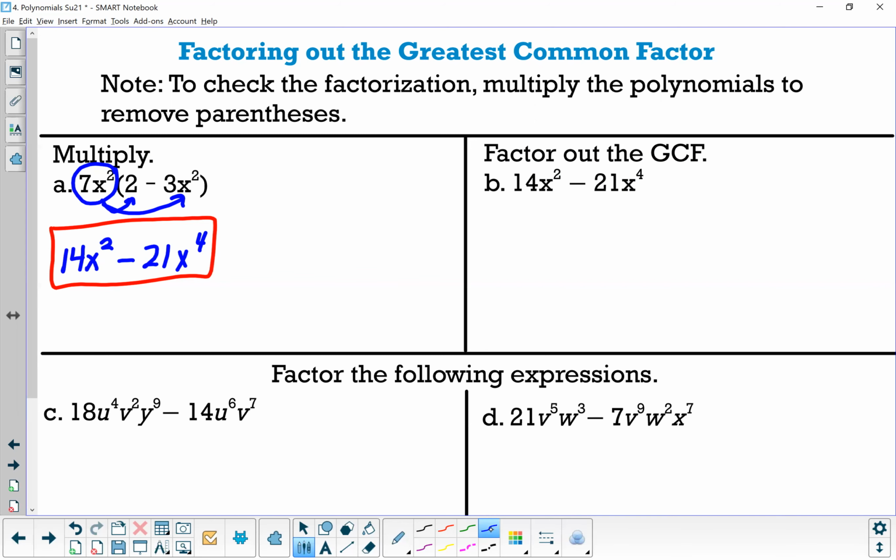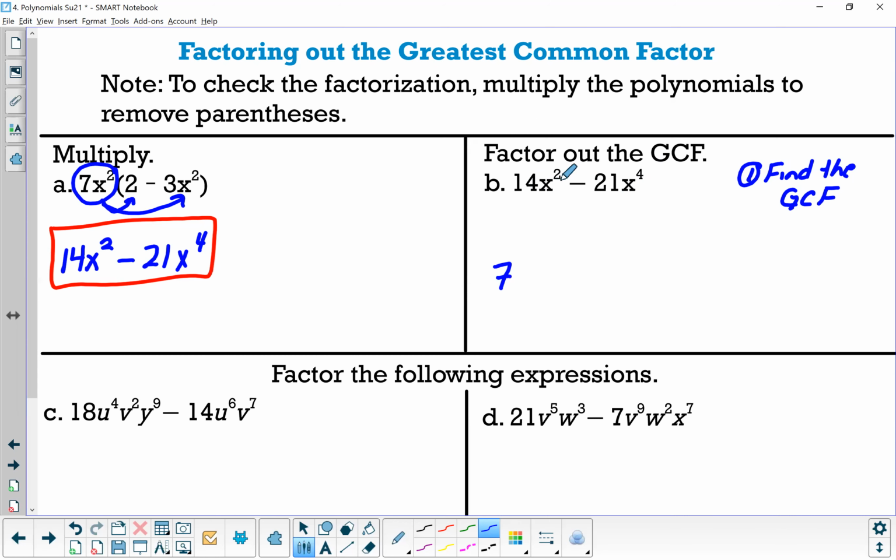So when you're factoring out the GCF, the first thing you want to do is actually find the GCF the way we did in the previous examples. So we look at 14x squared and we look at 21x to the fourth. And we say, okay, what is the GCF? Between 14 and 21, the greatest factor would be 7.